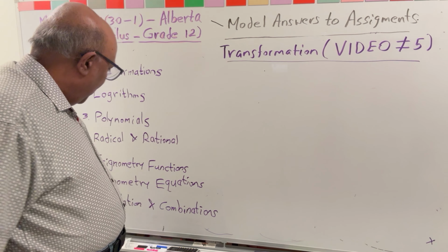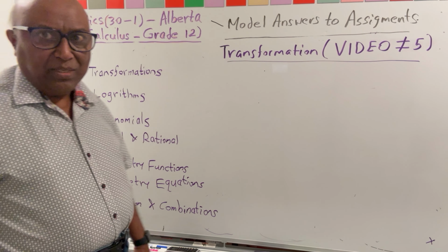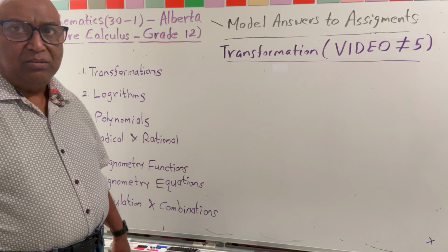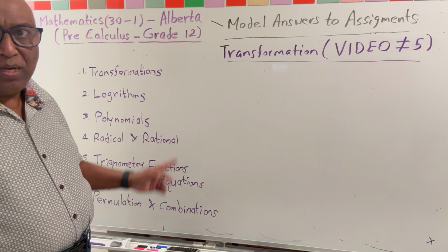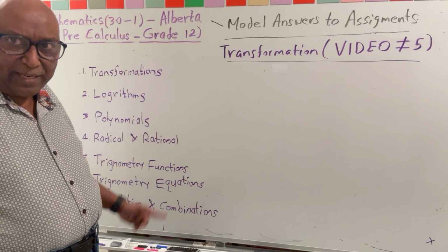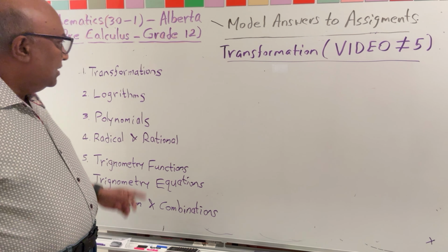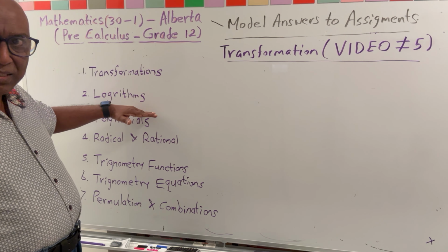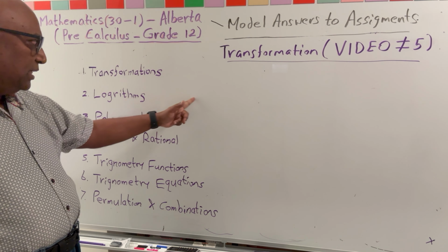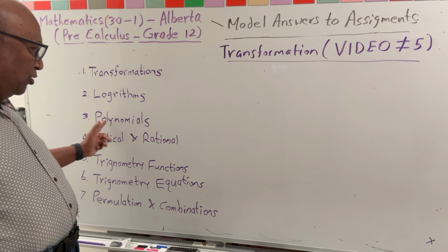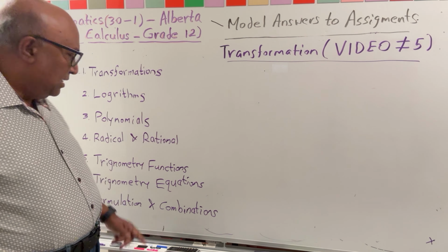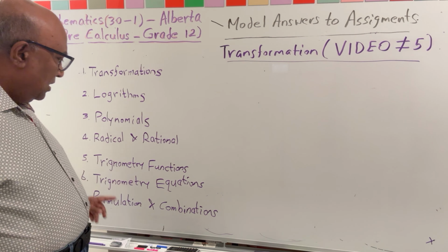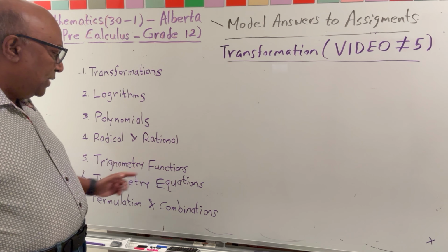I have 7 different assignments for each of these sections which cover the whole Math 30-1 curriculum. These are the sections: transformations, logarithms and exponential function, polynomial functions, radical and rational functions, trigonometry functions, trigonometry equation.